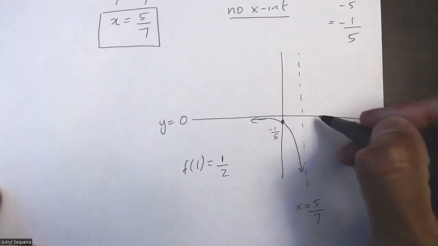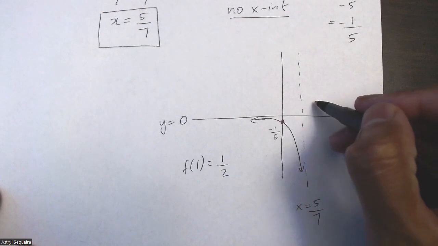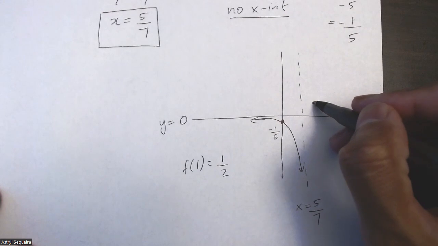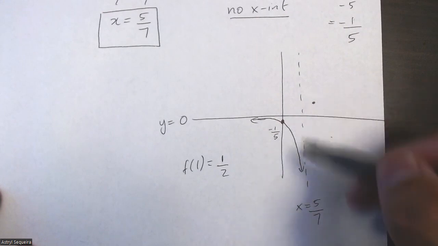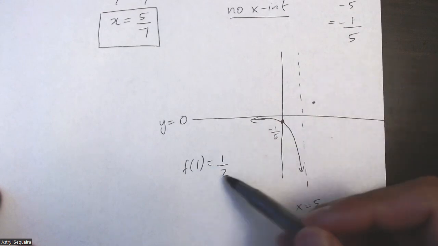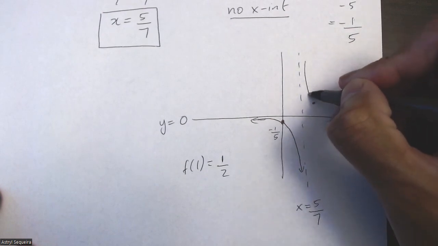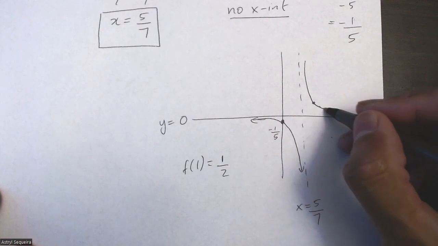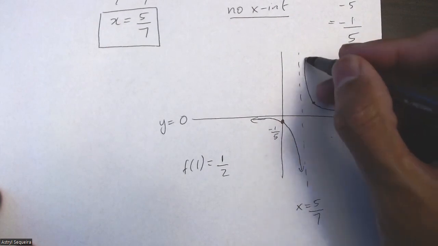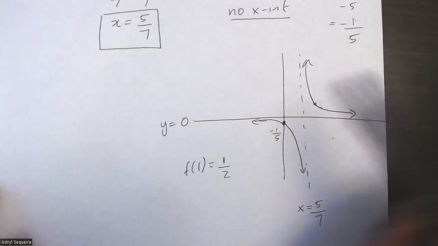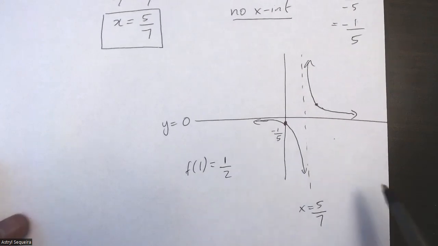So 1 and 1 over 2 is somewhere probably over here, approximately. So we know that this is going to be above because 1 over 2 is above 0. So I know that the graph is going to look like this.